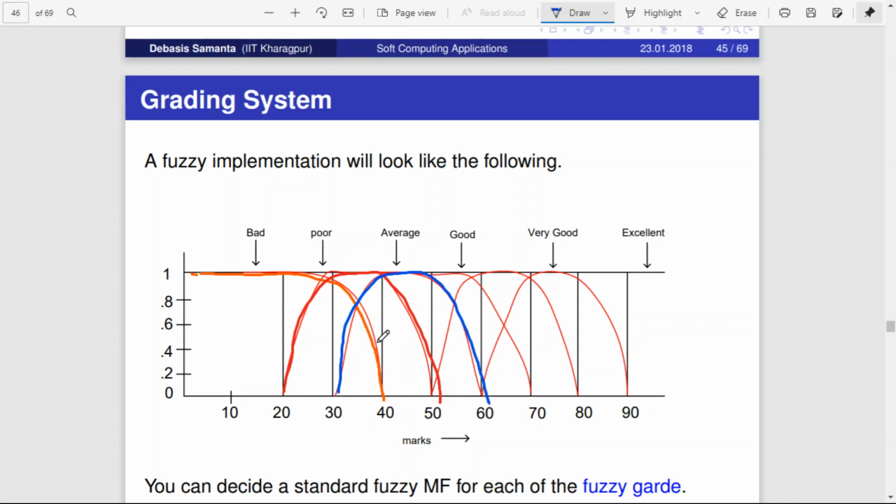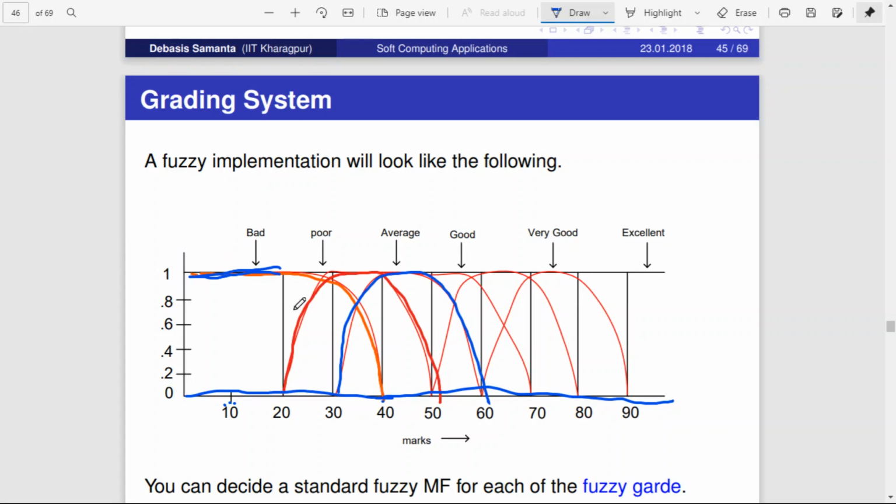Okay, so if you take this particular membership function, see, this is the universe of values. The universe of values is ranging from 0 to 100. But this membership function corresponds only up to the value of 40. Anything less than 20, this membership function is going to result in 1, which means it is going to say that that student is poor.